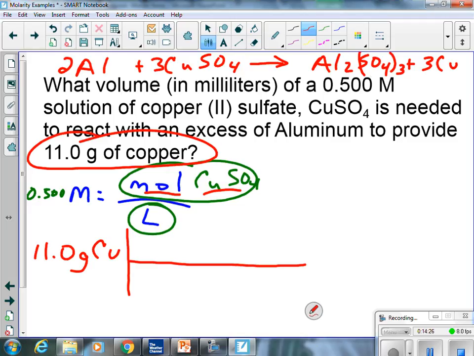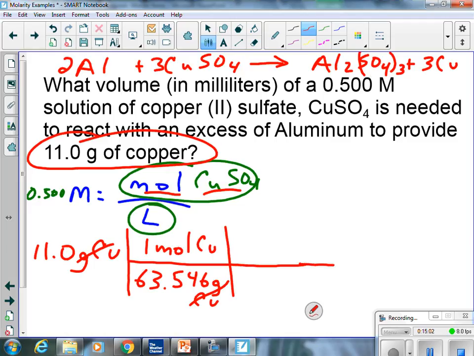Well, I know that copper has a molar mass of 63.546 grams of copper is 1 mole of copper. My grams of copper cancel. I have now converted that into moles of copper. Did I want moles of copper? No, I wanted moles of copper 2 sulfate.